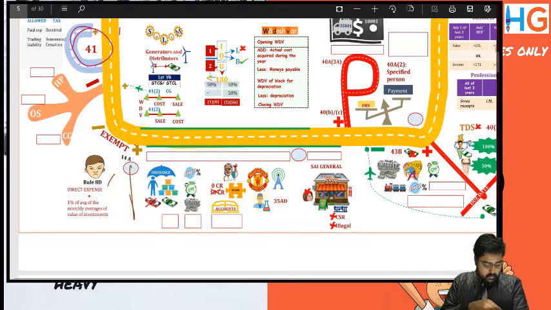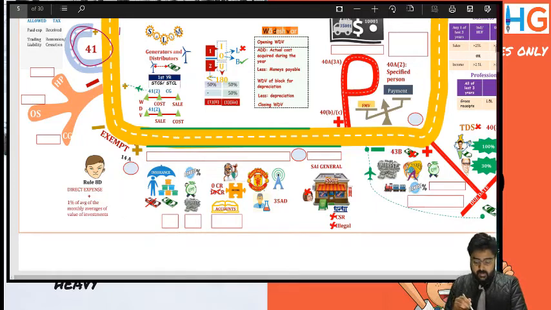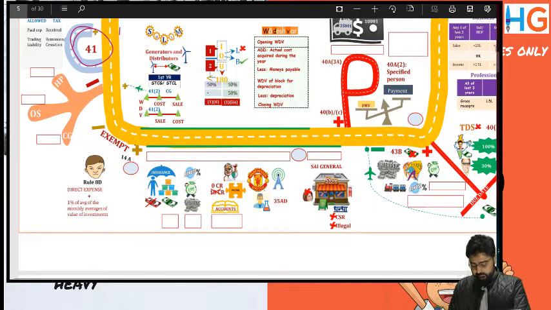Now there are three conditions to be satisfied to claim an expense. First, it should not relate to exempt income, like we discussed now. The second condition is it should be covered under sections 30 to 37: this is 30 to 36, this is 37.